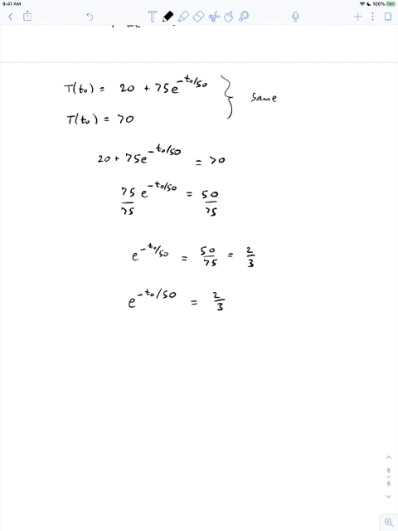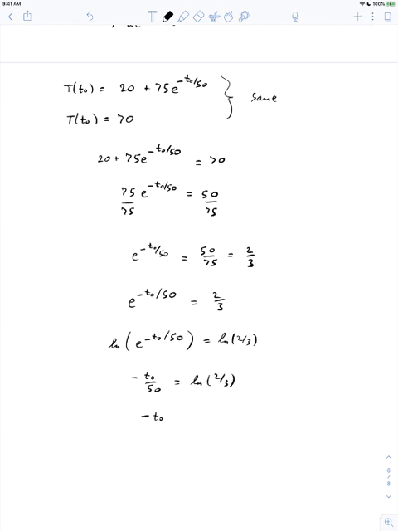The way to get things out of an exponent is to use a logarithm. ln of e to the minus t/50 equals ln of 2/3. The ln and e again cancel each other out, and you have minus t/50 equals ln of 2/3.